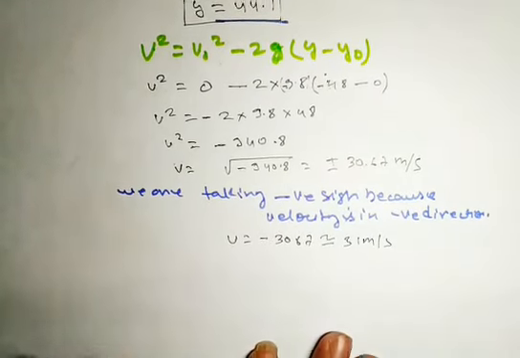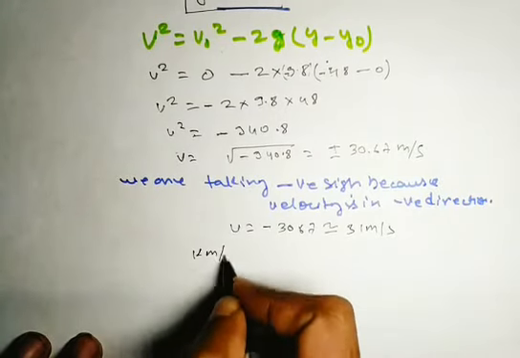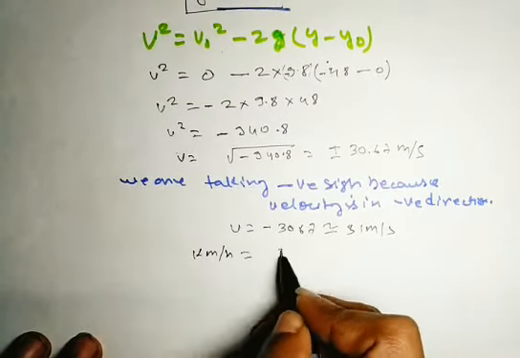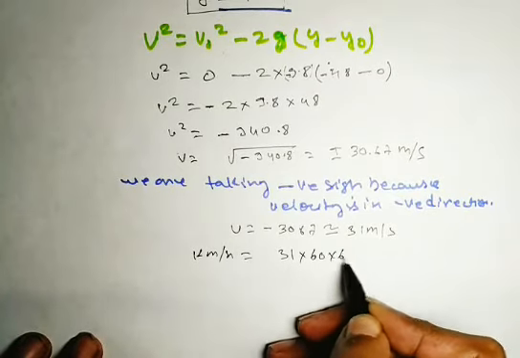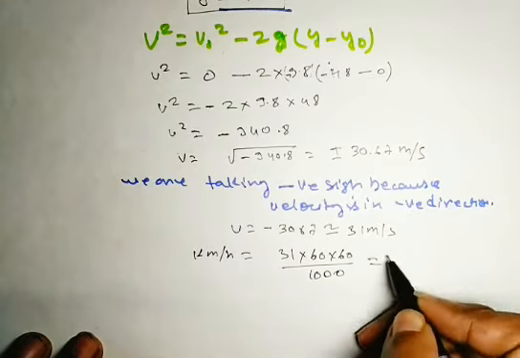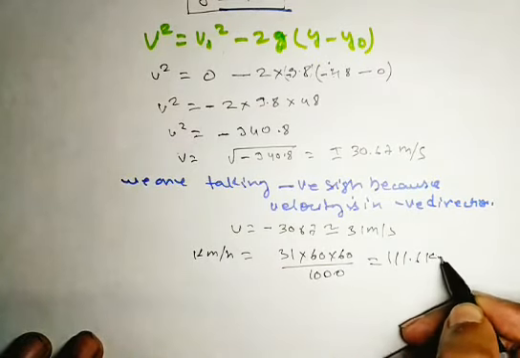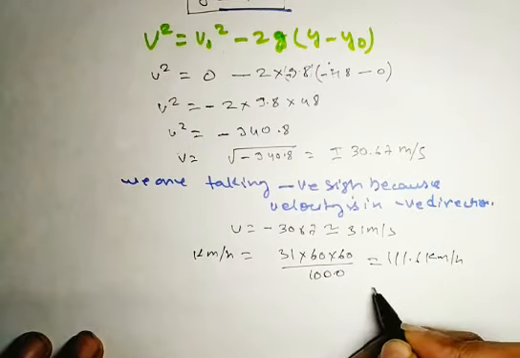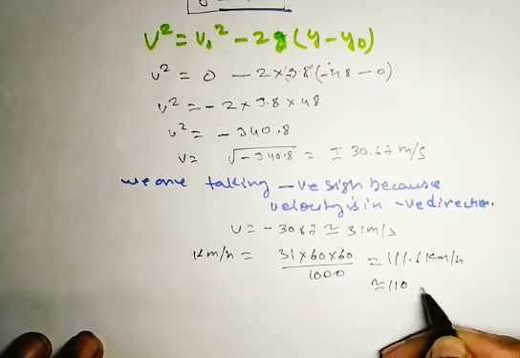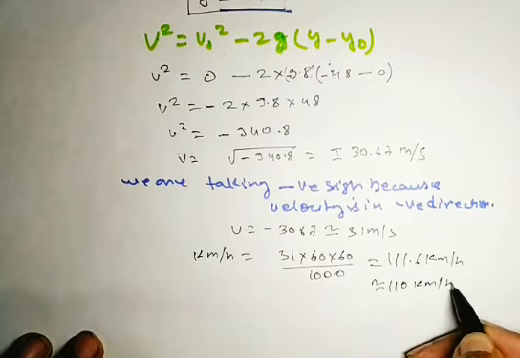And if you want to change it into kilometer per hour, it will become 31 into 60 into 60 over thousand, which will give you nearly 111.6 kilometer per hour, or nearly 110 kilometer per hour.